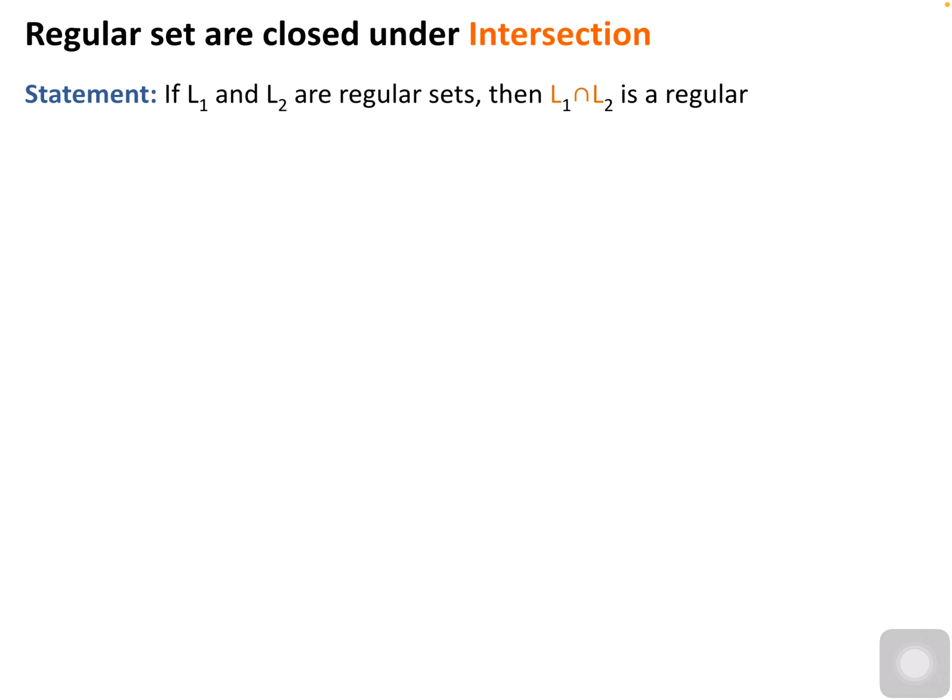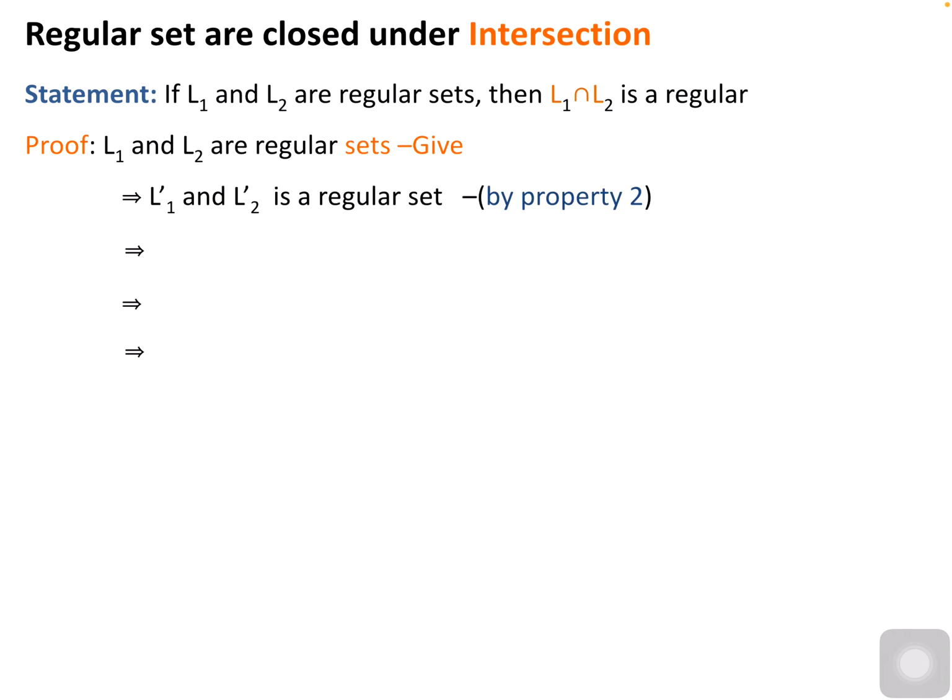Then L1 dash and L2 dash are regular sets by property 2 from the previous slide. Then L1 dash union L2 dash is a regular set by property 1 from the previous slide. And L1 dash union L2 dash whole dash is a regular set by property 2.